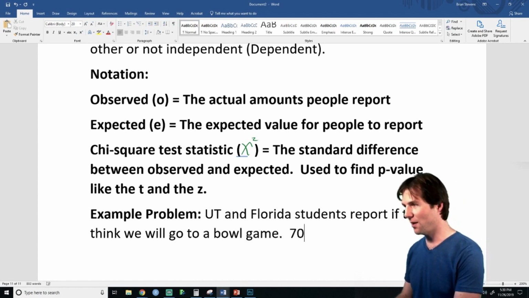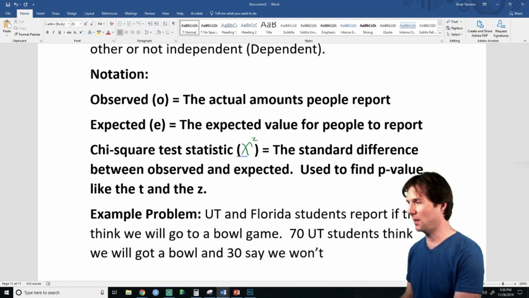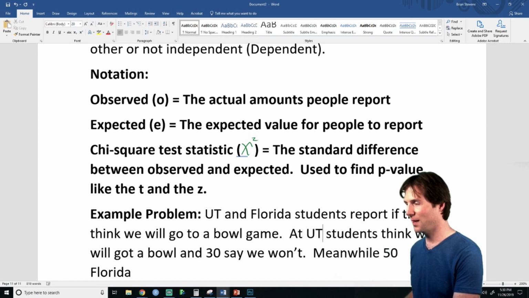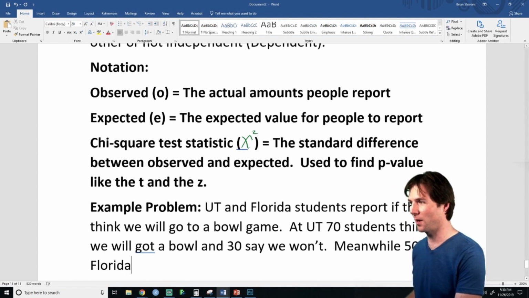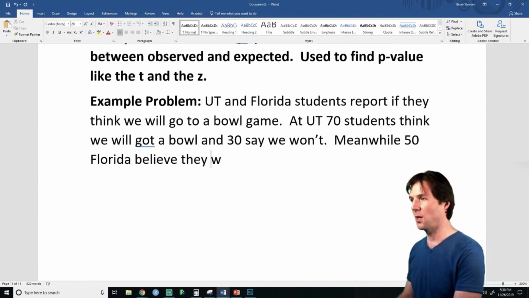Let's say 70 UT students think we will go to a bowl game, and 30 say we won't. Meanwhile, 50 Florida students believe they will go to a bowl game, and 50 believe they won't.